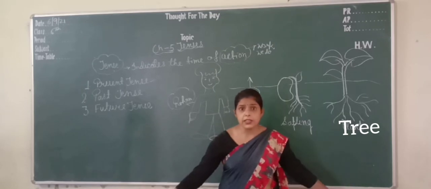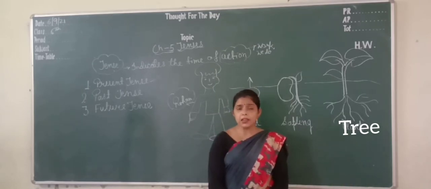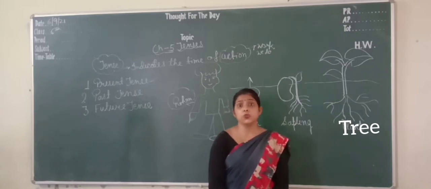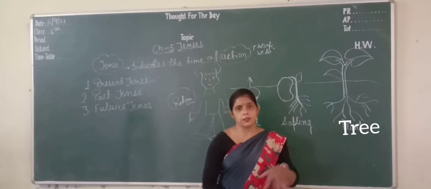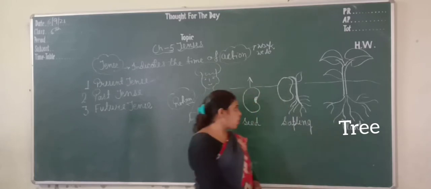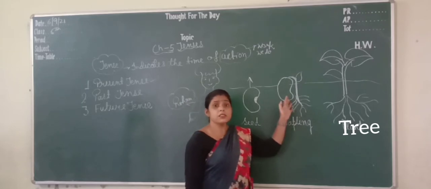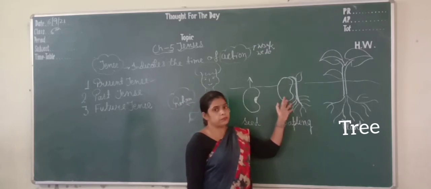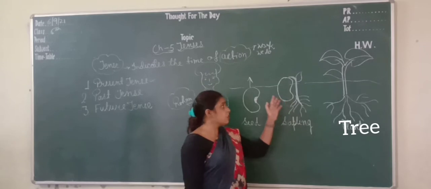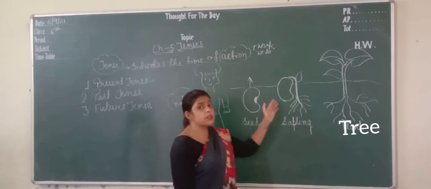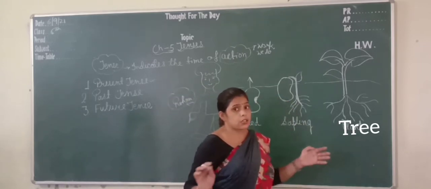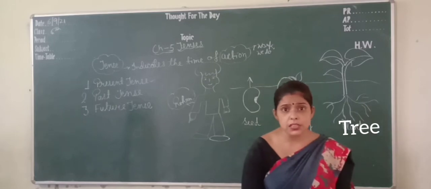Why is he very happy today? Because few months before he sowed a seed in the soil, and now this seed has become a sapling. So see, he is very happy to see this.